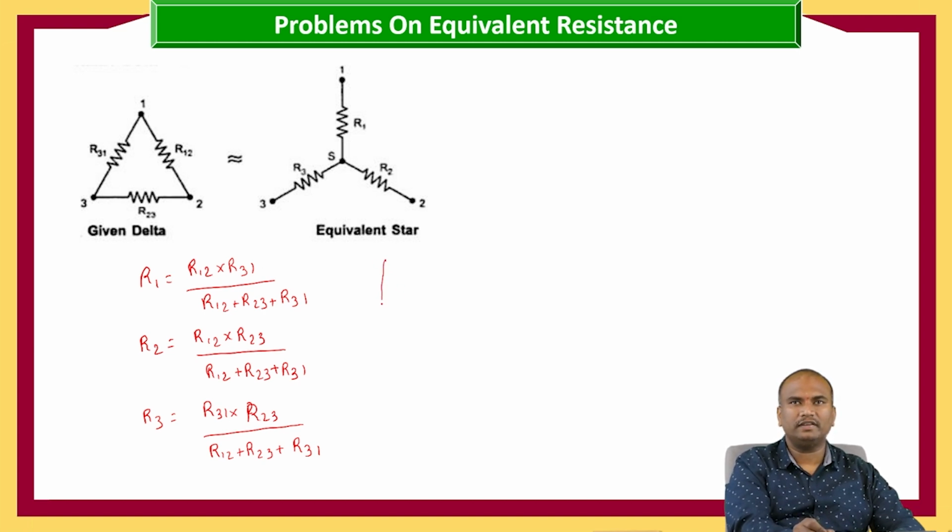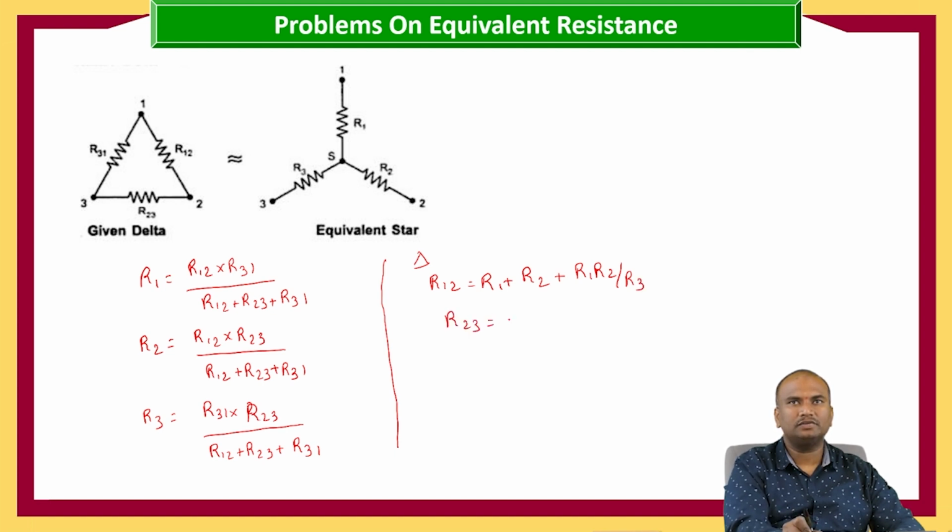Now, in the same way, the delta values from the star. Here, the delta values: R12 is equal to R1 plus R2 plus R1 R2 by R3.